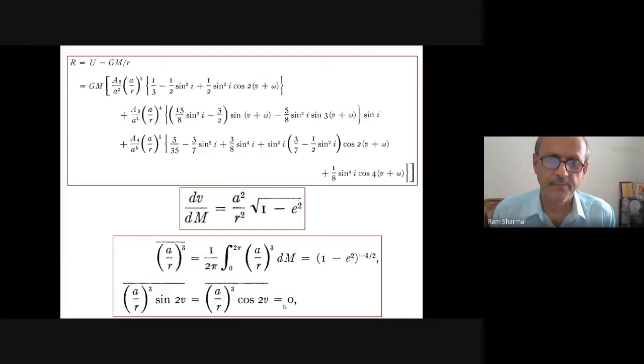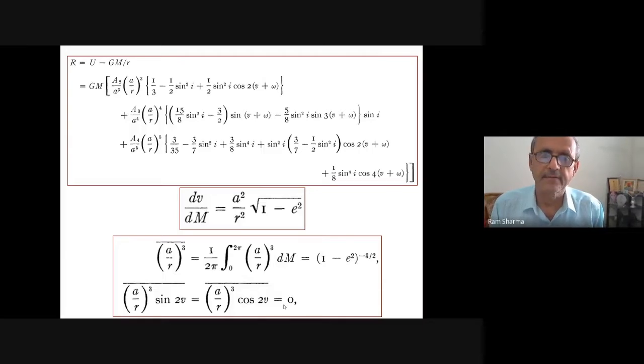So when you calculate mean values, you average over the mean anomaly, because these A by R terms are coming. So it is evaluated over mean anomaly 0 to 2 pi with 1 upon 2 pi, and whatever function is there, with respect to the mean anomaly dM. So many values were calculated, and some of the values were 0, since sine and cosine periodic functions became 0 there. So he calculated these things.